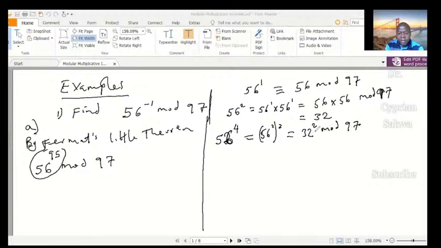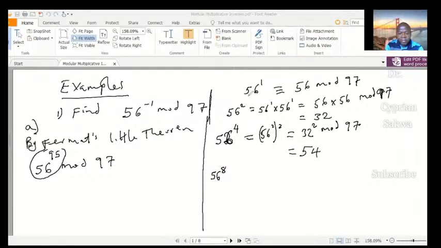What's the remainder when 32 squared is divided by 97? You just use your calculator again, and I get 54. We take 32 times 32, divide by 97, and write the remainder, which is 54.